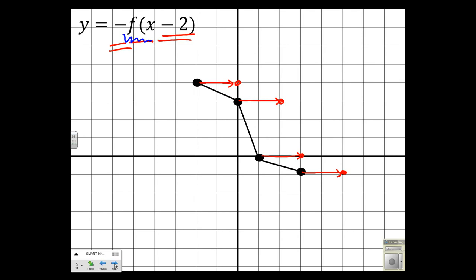We've got our heights up there in red, but now I want the opposite height. So the opposite height from this point, the opposite of up 4, down 4, the opposite of up 3, down 3, the opposite of up 0, down 0, and the opposite of down 1, up 1.